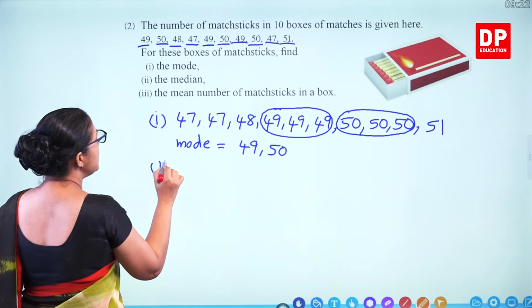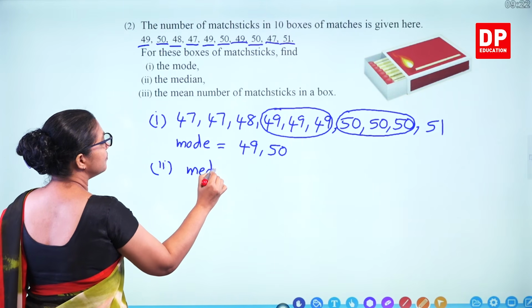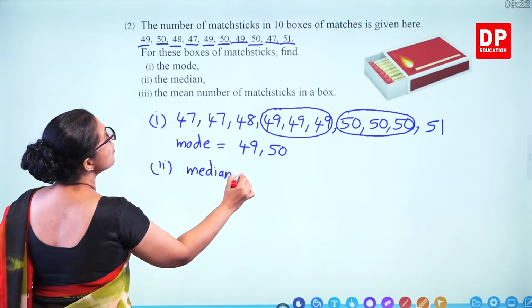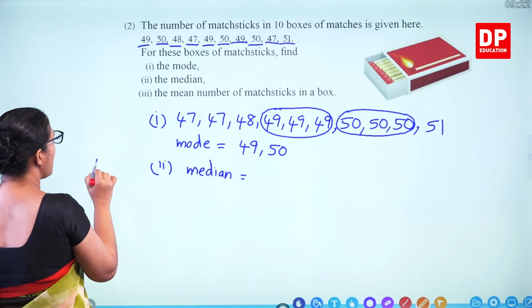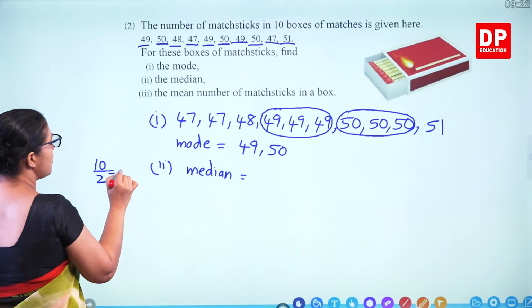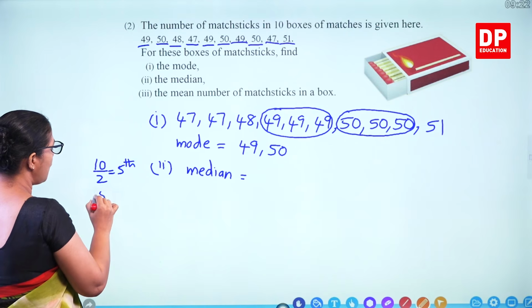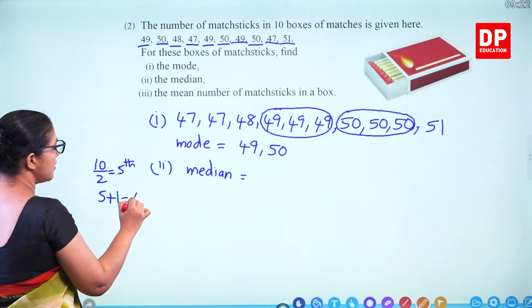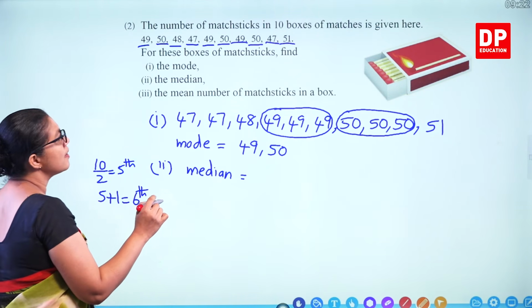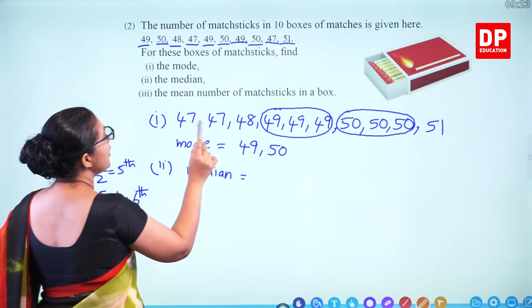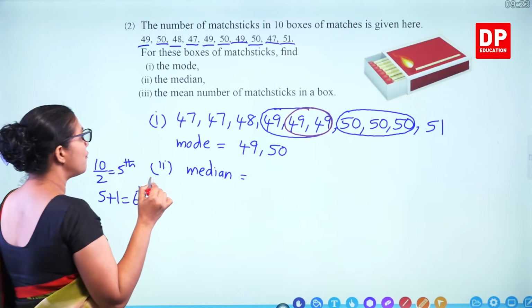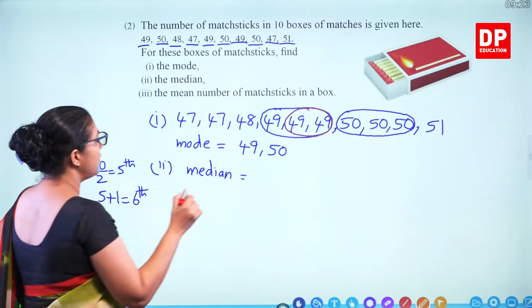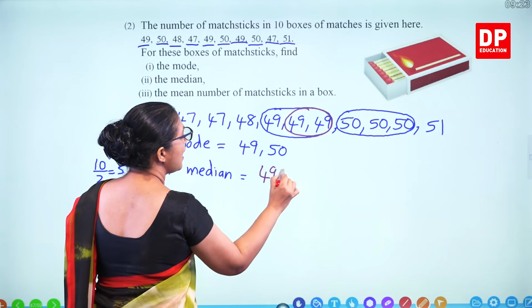And median. So this is 10 even number, 2 middle numbers. 10 divided by 2, you get fifth one. Fifth one plus 1, you get next one is sixth. Fifth one, 1, 2, 3, 4, 5. Fifth one and sixth one, that's 49 plus 49.